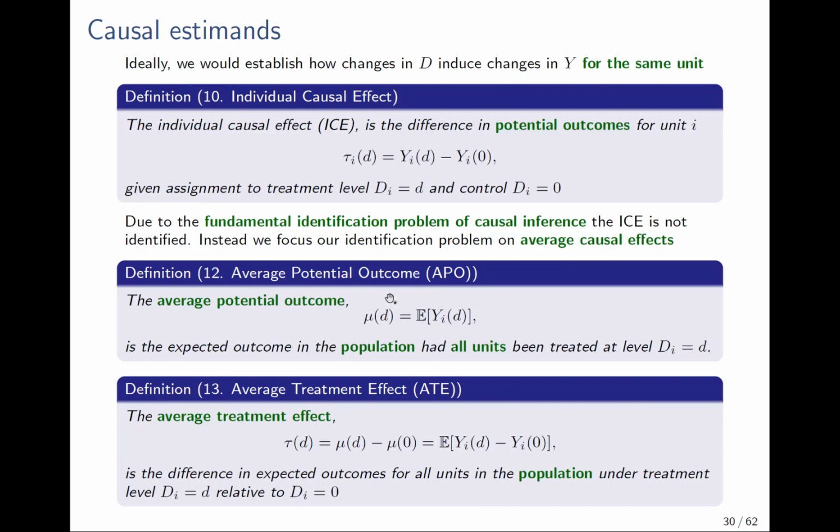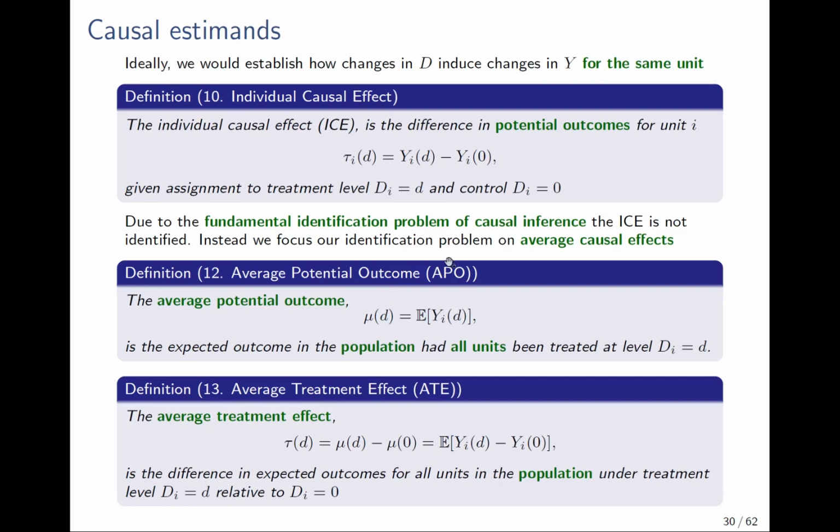First we have what's called the average potential outcome. So the average potential outcome is given by this symbol here, mu d. It's not indexed by i because it's an average or an expectation over the population. That's important. And this causal effect is simply the expected outcome in the population if all units in the sample had been treated at level small d, fixed value d.